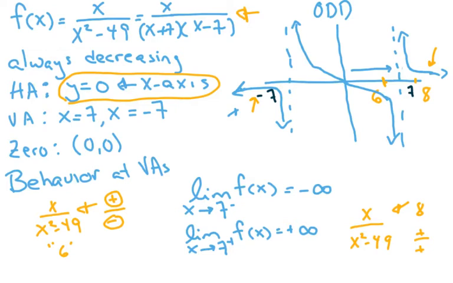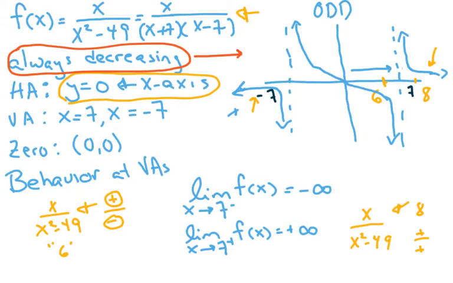But maybe we want to verify that it is always decreasing. So remember, when you look at this question, you're always traveling from left to right and asking yourself what's happening to the function or the graph as you go from left to right.